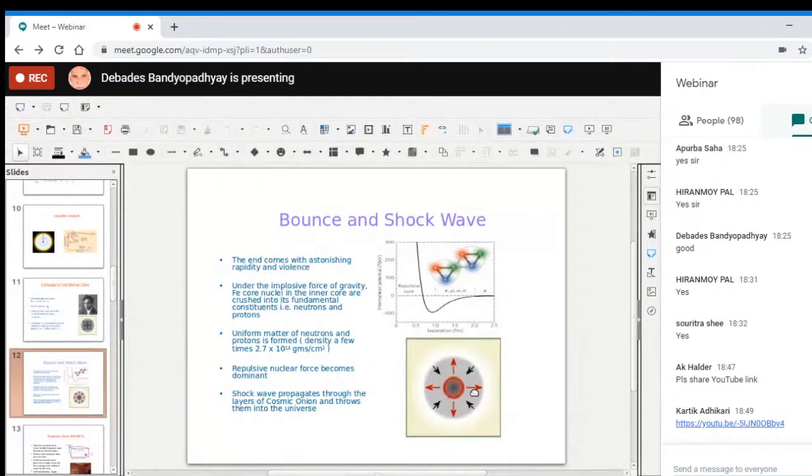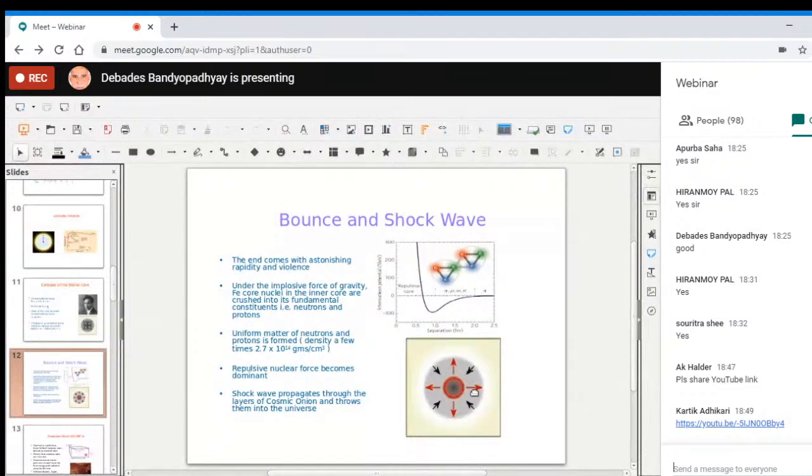So this shock wave will pass through all these layers of elements, and through this explosion mechanism, push them out into the universe. And this will be a supernova explosion. And all these elements created are related to our life. So that is why these are called supernova explosions.